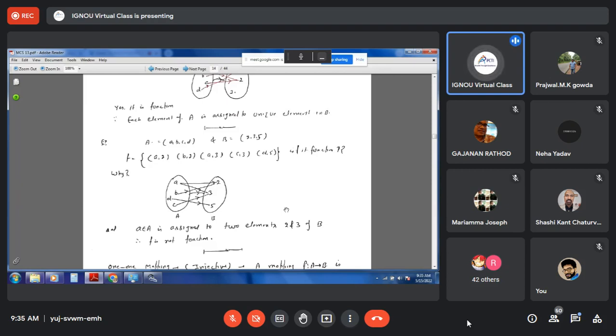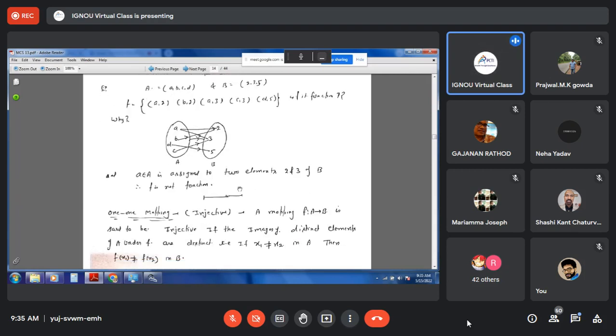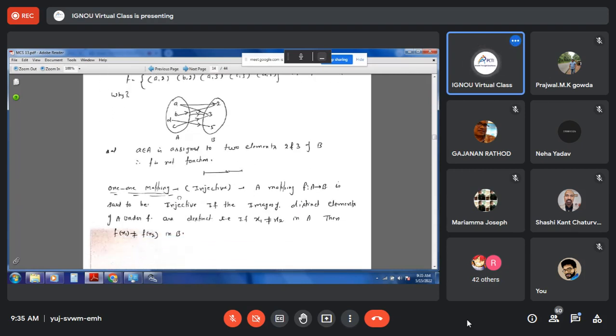So simply, I told you, whenever there is a numerical, check whether it is a function or not. It is not a very difficult problem for students; rather, it is from the basics of algebra. Now, one-one mapping. One-one mapping means injective.